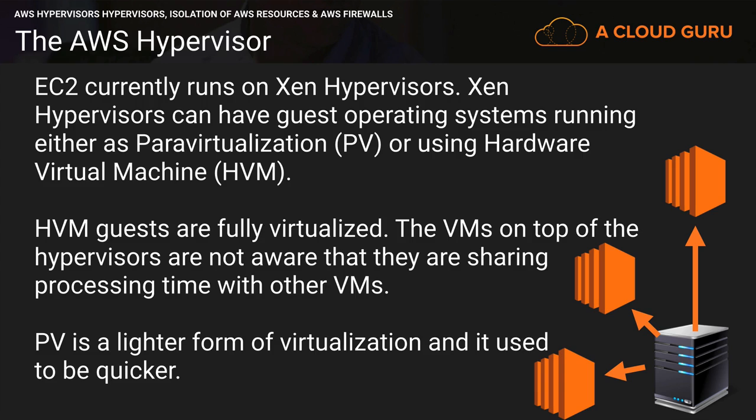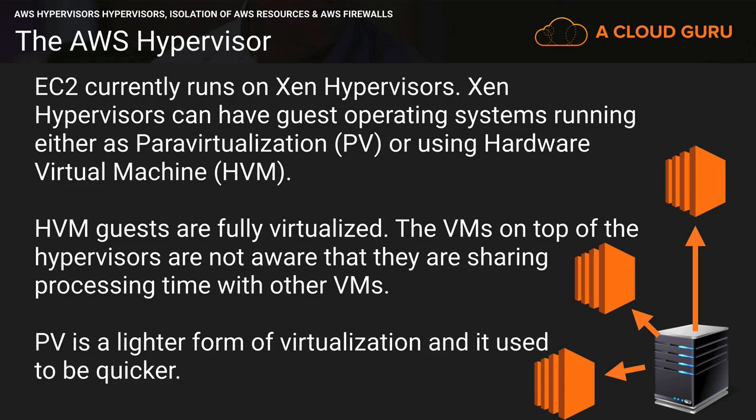So Xen hypervisors have guest operating systems running either as paravirtualization or using hardware virtual machines, so PV or HVM. You can see that when you go in and try to provision your EC2 instances. Some will say HVM, some will say PV. HVM guests are fully virtualized.